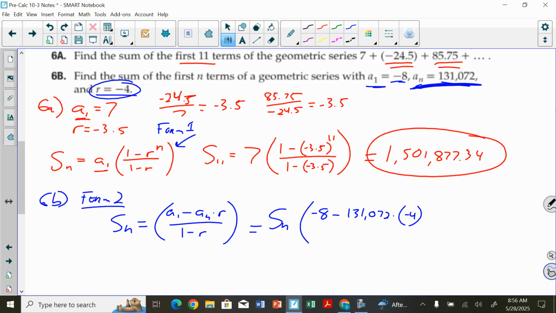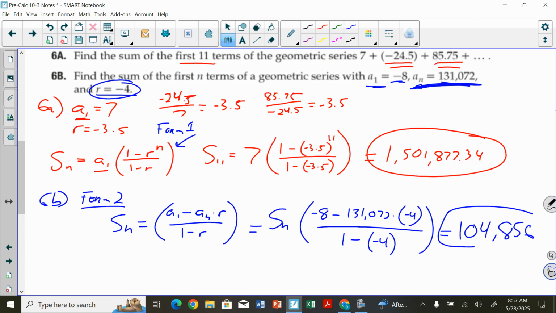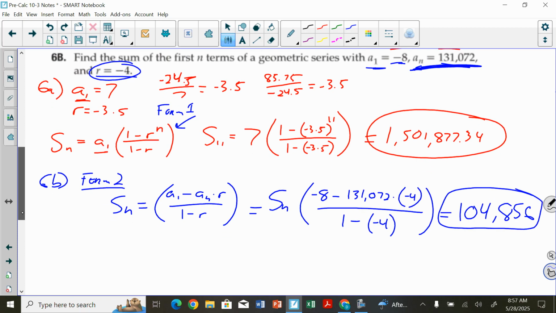They gave us that as well, all over 1 minus a negative 4. So again, it's going to turn positive, but you can calculate that one out. And so we'll end up with a number here, 104,856. Depending on what information they give you is the formula you can use.